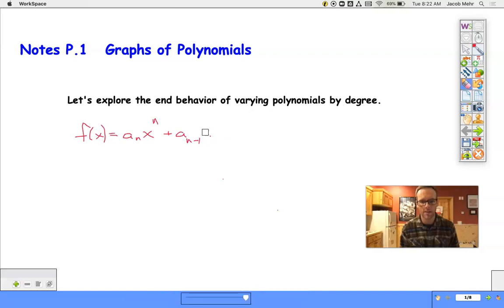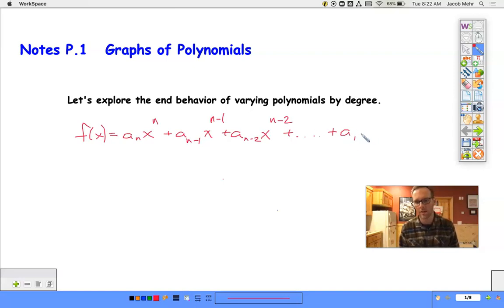Then x is to the n minus 1 power, and we just keep working down. Notice I'm subtracting a power of x each time I go, and I just do this all the way down till I get to the end, and my last one is going to be a sub 1 times x to the first, and then our last term I'll just call a sub 0.